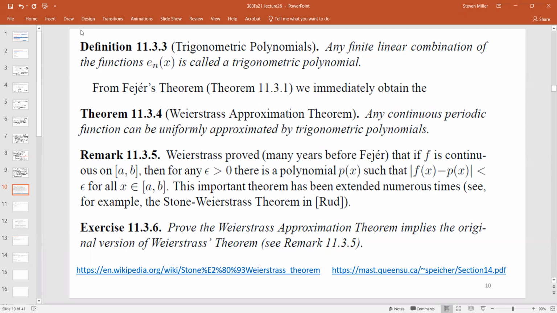So it's a nice exercise: show that if you know Fejer's theorem, that you can approximate with trig polynomials, then you can deal with the fact that if I want a finite polynomial, I can't have infinite terms. Okay, I only have finitely many polynomials that I have to work with. How much is my error if I truncate them? And then the question is, do you want to assume continuous or do you want to assume continuous and periodic? We did use periodic.